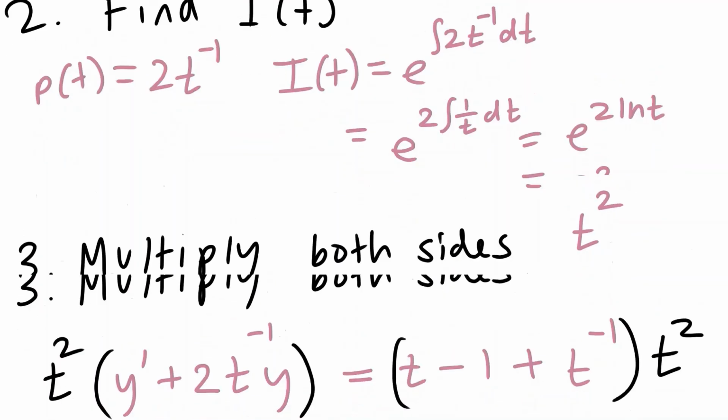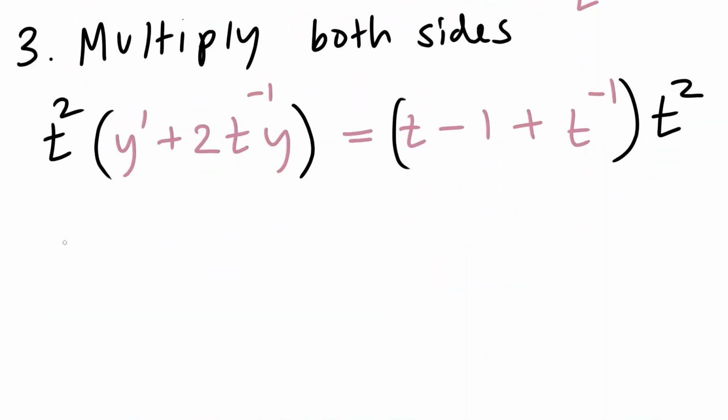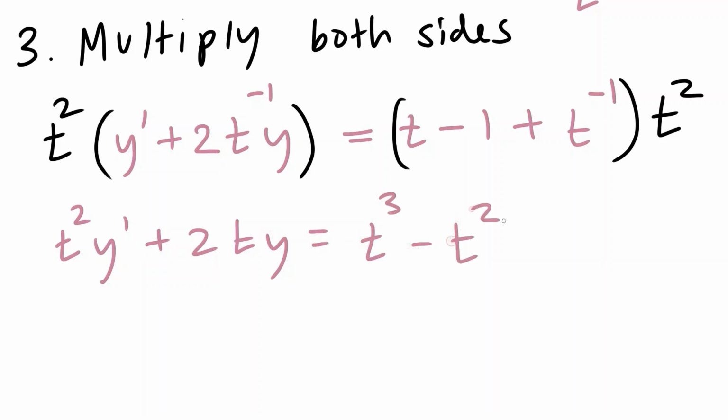So let's multiply this, and we end up with t squared y prime plus 2ty equals t cubed minus t squared plus t. Just want to make sure everything is correct. Yep, so this is our new equation that we want to integrate both sides of.